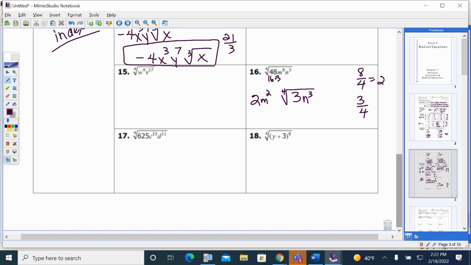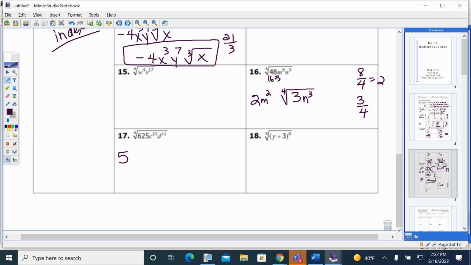On number 17, I've got the 4th root of 625, c to the 23rd, d to the 11th. So I'm looking for the 4th root of 625. I feel like that was on the list. It was. 625 is a perfect 4th power. It's 5. So I have a 5 in the front.